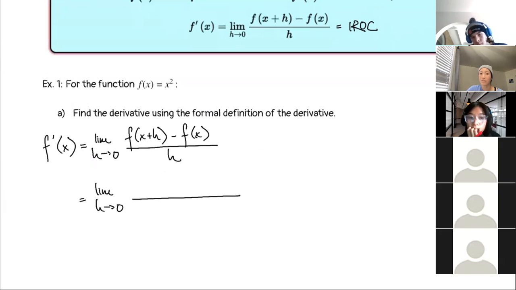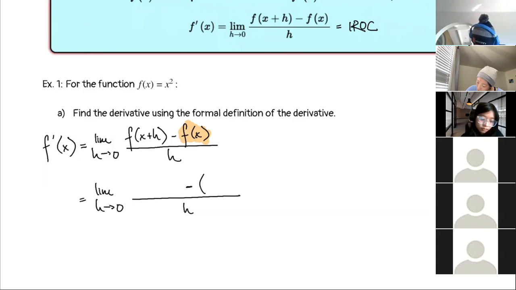There's nothing to substitute for h, so I'm just going to keep that in the denominator, okay? What can I substitute for f of x? X squared, perfect.